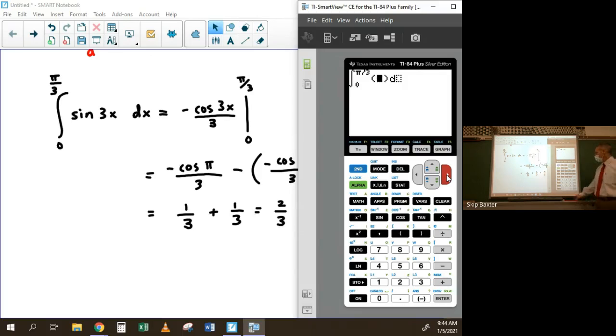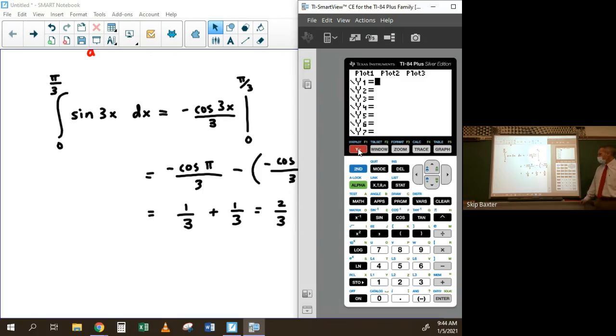The function is sine 3x. And then you have to just type in dx, because these calculators have more capabilities than we're going to use them for. You got to make sure it's a dx. And then just press enter, and it'll do it for you. It's 2/3.